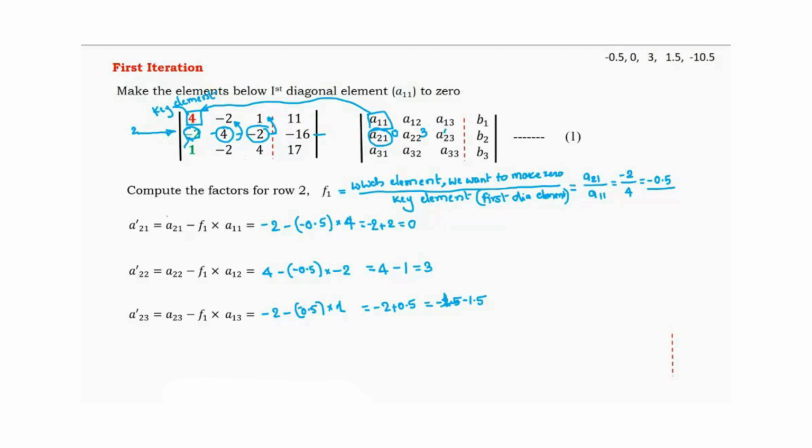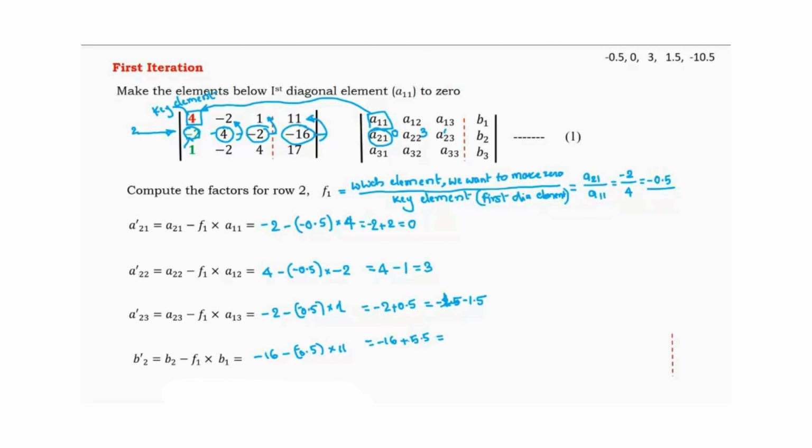And next, last, we have to manipulate this element also. For manipulating this element, the new element is minus 16 minus of minus 0.5 into the corresponding element. The corresponding element from the key row is 11. So this is equal to minus 16 plus 11 into 0.5. This is 5.5.